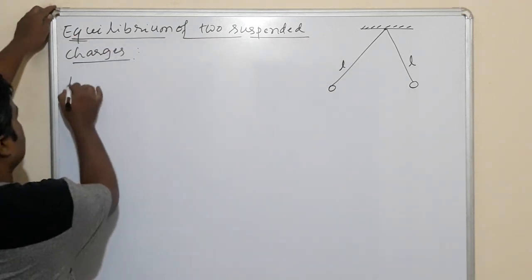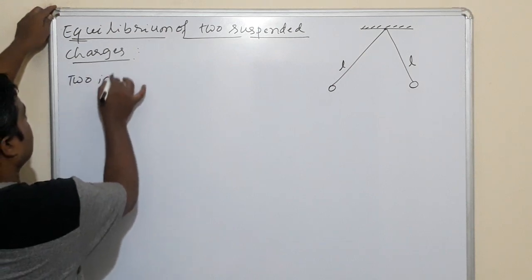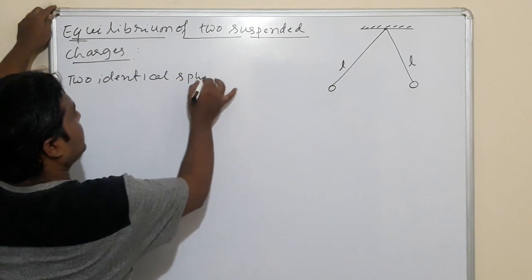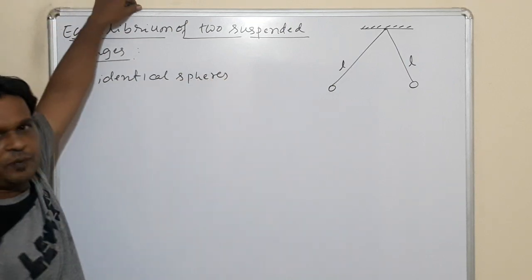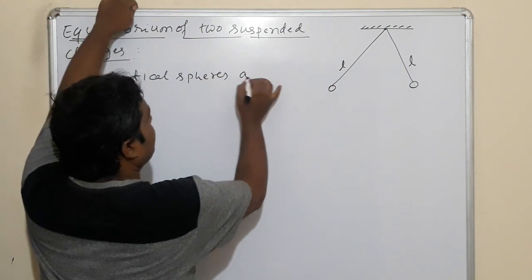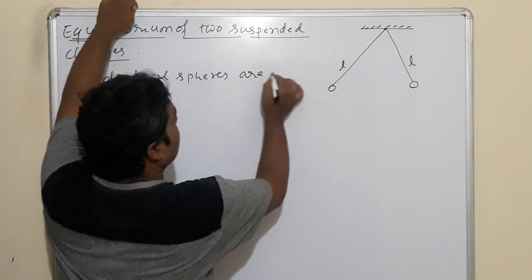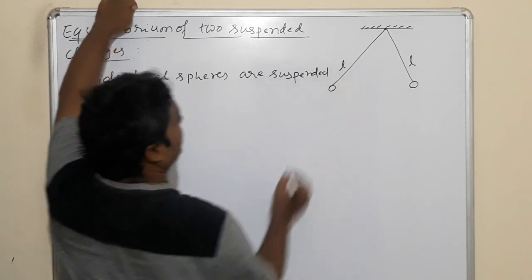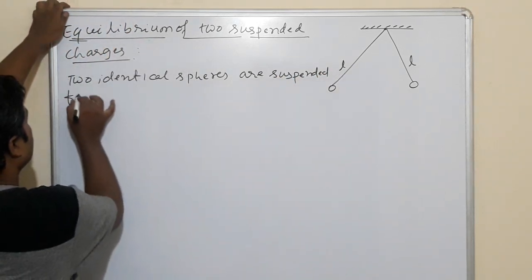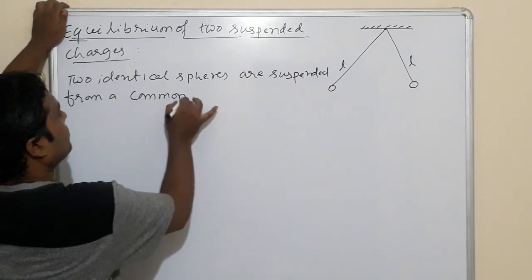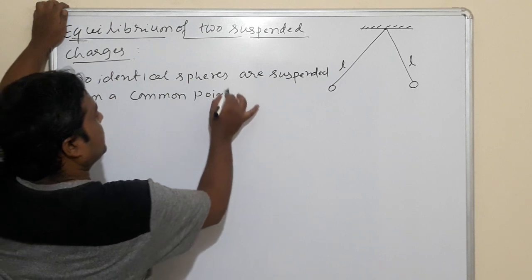There are two identical spheres, that means of same radius, suspended from a common fixed point.